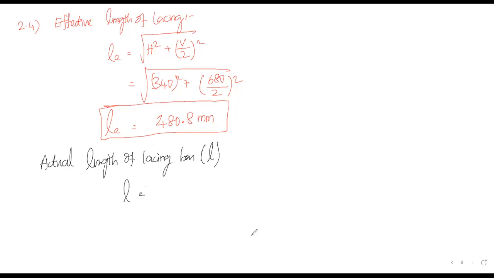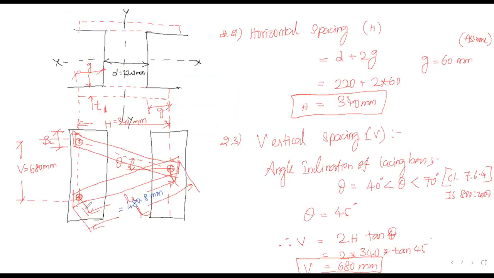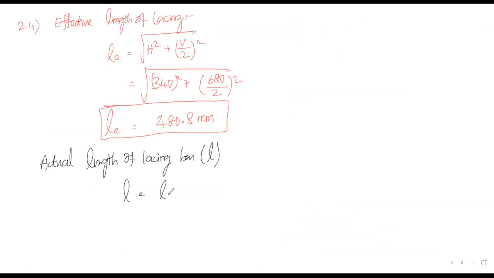So L is equal to, here see the diagram. The edge distance at the left hand side and right hand side, if I add it, automatically I can get the actual length. So actual length is equal to LE plus 2 times the edge distance.